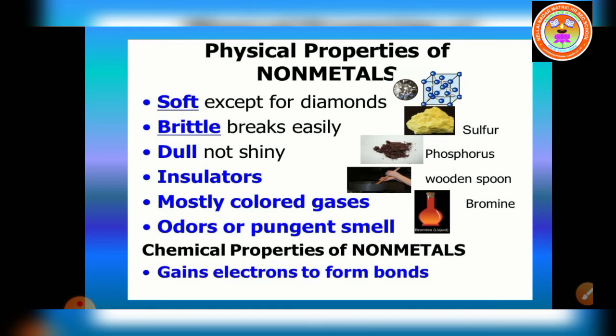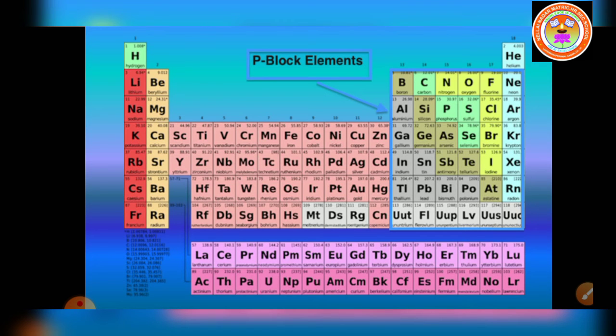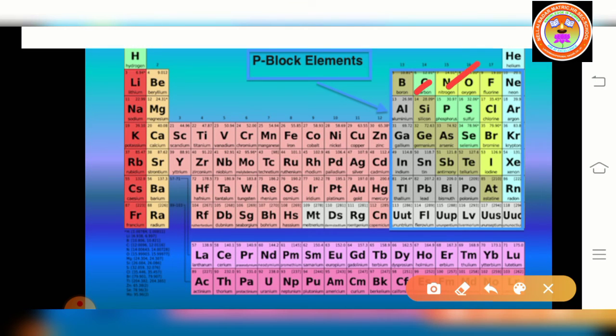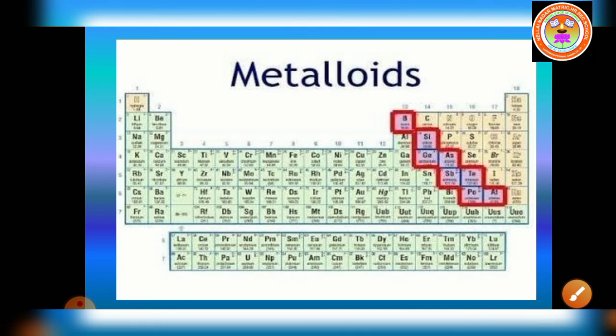All non-metals are arranged in the P block only. P block non-metals. See, carbon, nitrogen, oxygen, phosphorus, sulfur and halogens, inert gases. These are the non-metals.